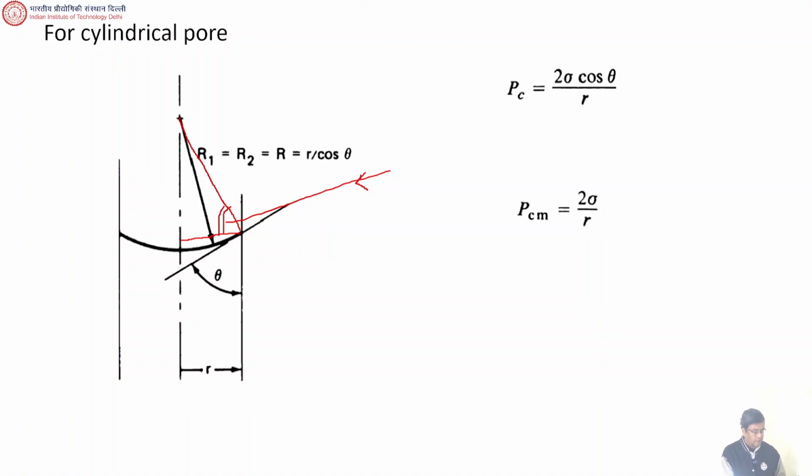Because you have this one as theta, so this must be 90 minus theta, right? This one must be again theta, right? So this is theta, and if this is theta, we know this is capital R. The capital R cos theta is small r, which is what we are writing here.